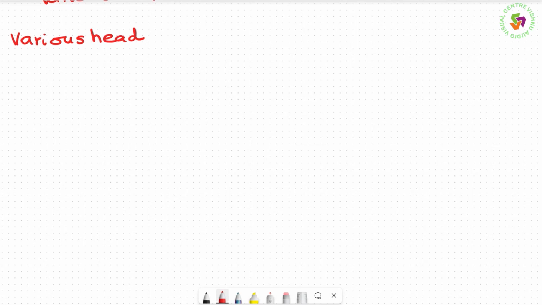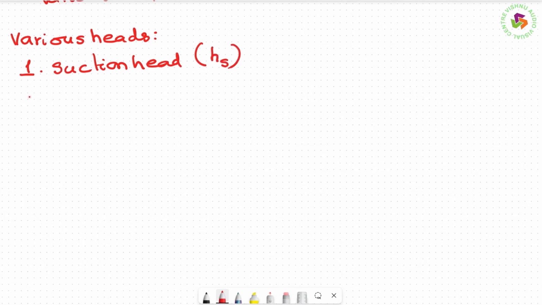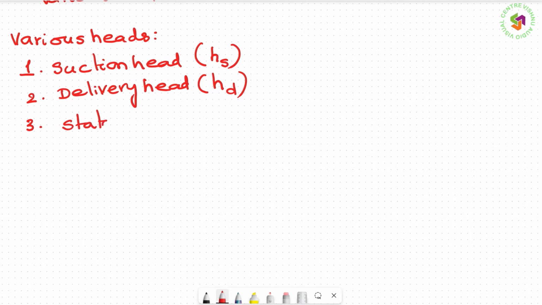What are those various heads? Number one is basically suction head. We call it as small h, suffix s. Second one is delivery head. We call it as small h, capital D. And third one is static head.